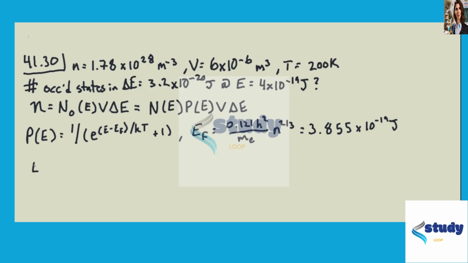So now that we know our E_F, E minus E_F is 1.45 times 10 to the negative 20th joules, and if we divide this by kT, we get 5.2536, which is the thing we're going to plug into our exponential.